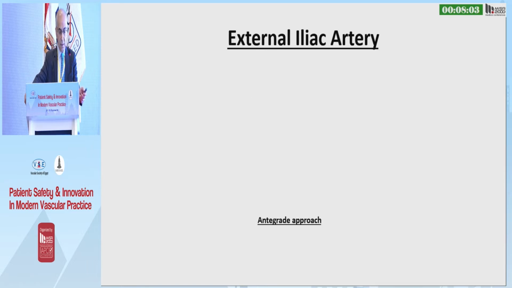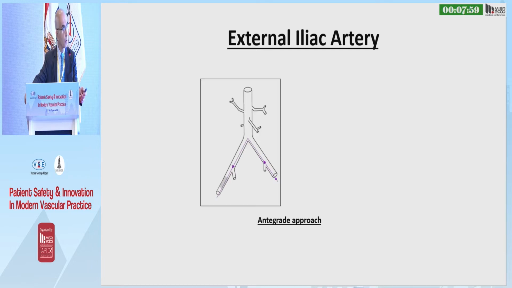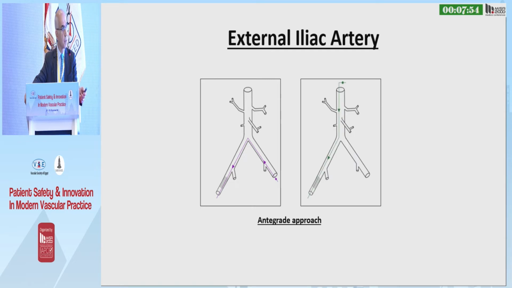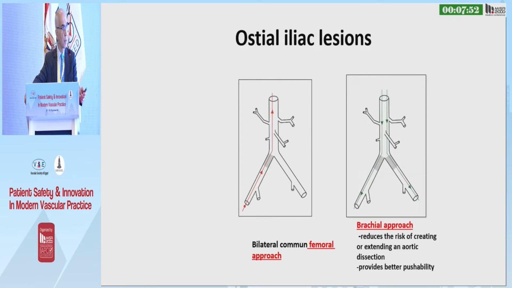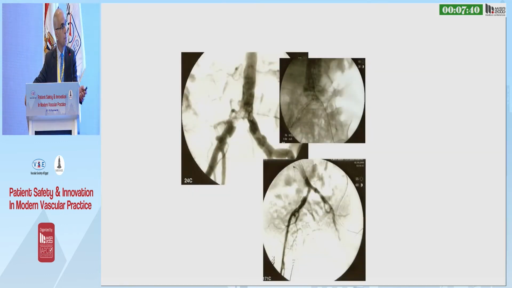For external iliac artery, all our approaches are antegrade from the other side or from the brachial artery. For ostial lesions, bilateral approach or brachial approach to reduce the risk of dissection and to provide better pushability.